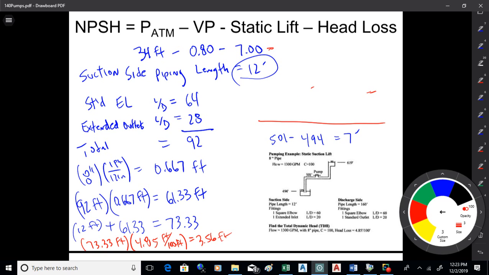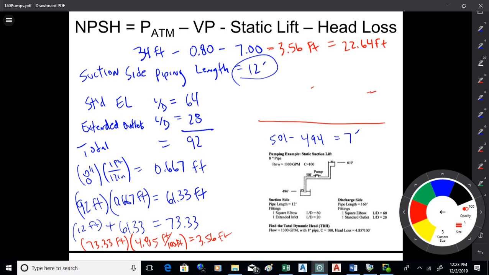We got 0.8 feet of vapor pressure pushing back. We got to lift the water 7 feet, and we burn up 3.56 feet of head loss just doing all that. So what we end up with then is 22.64 feet of energy in the volute. Okay, so that's what we got left over.